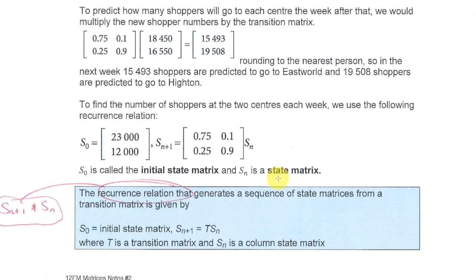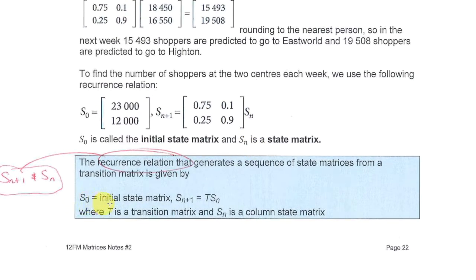So what we're able to say is that S0, the initial state, was 23,000 at E, 12,000 at H. S of n plus 1, the state for any given number of weeks, is simply the transition matrix multiplied by the state of what it was the week before.